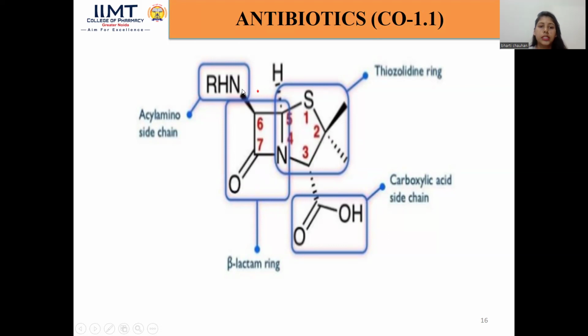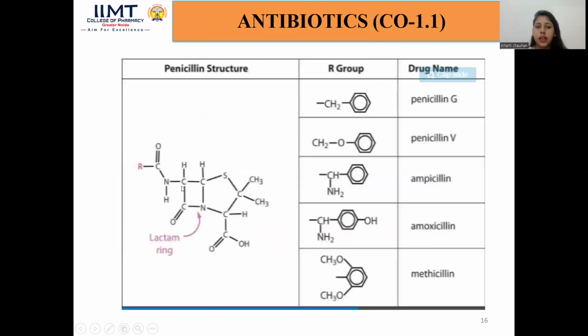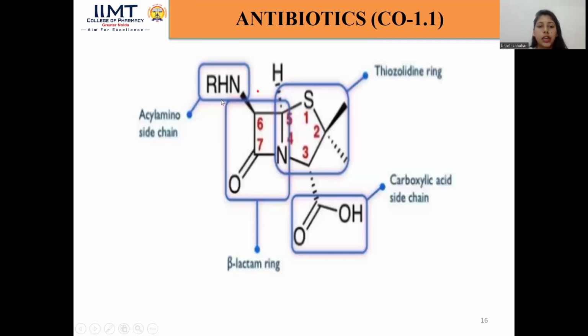And fourth is the acylamino group that is attached to the sixth position of the beta-lactam. Now, on the basis of structure, you can see there is an R. It means the substitution will occur only on the sixth position of its structure, and on the basis of the substitution, the activity will vary.